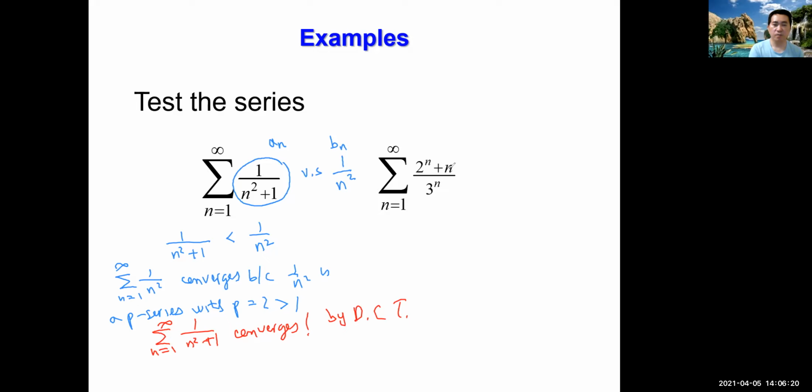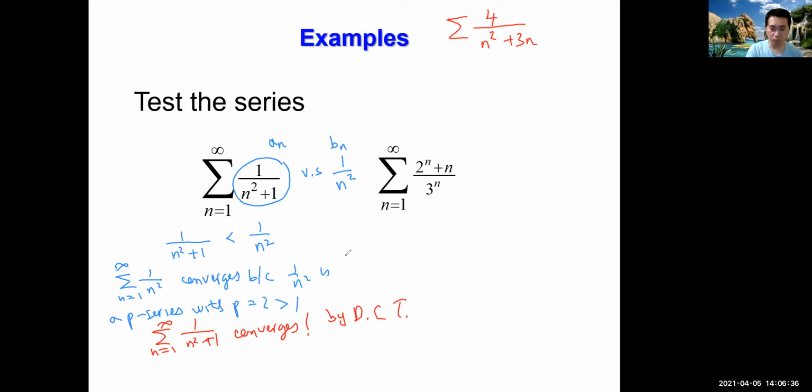So even if you have a series like this, say 4 over n squared plus 3n, I can still do the same.